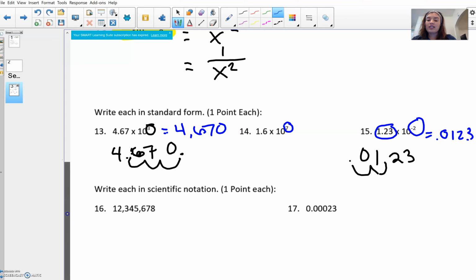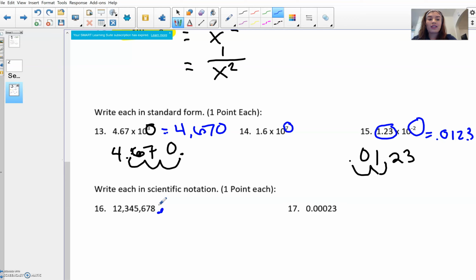Okay, so 16 and 17, we're going to write each in scientific notation. So how we do this is with number 16, we have 12,345,678. You always assume that the decimal is at the end of that big number, unless the decimal is already on there.